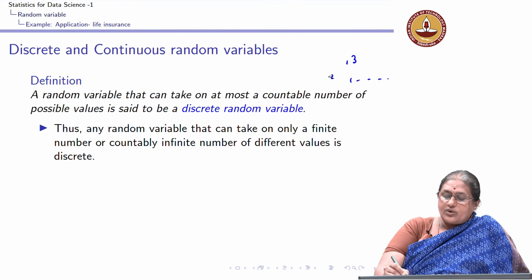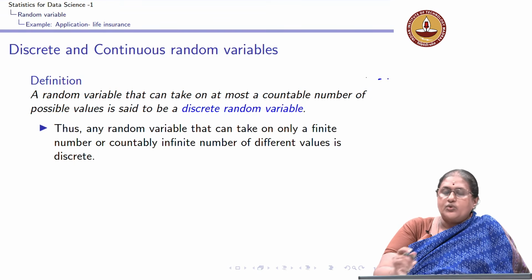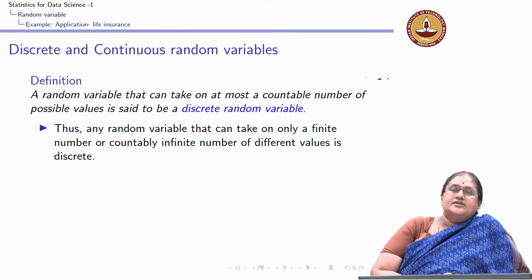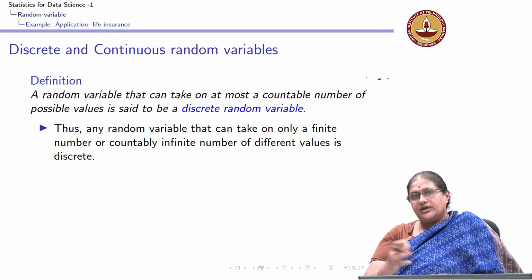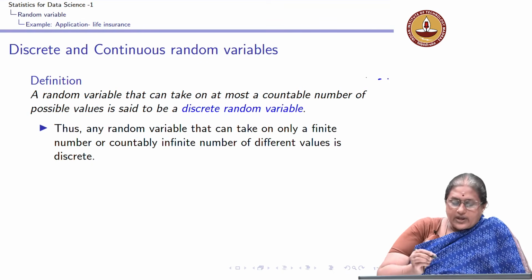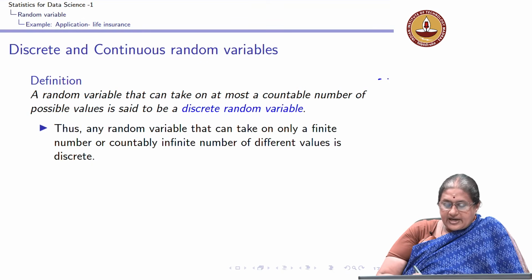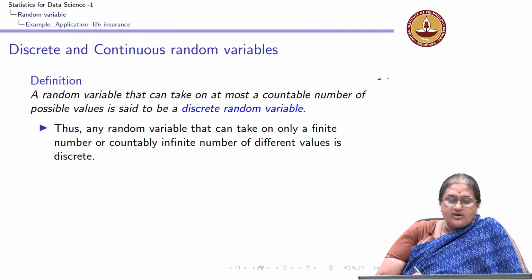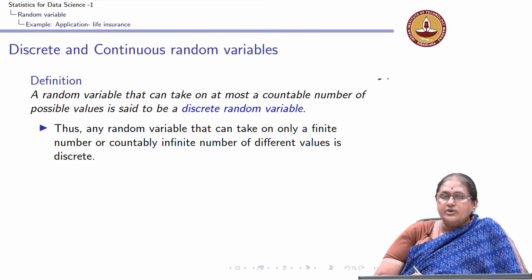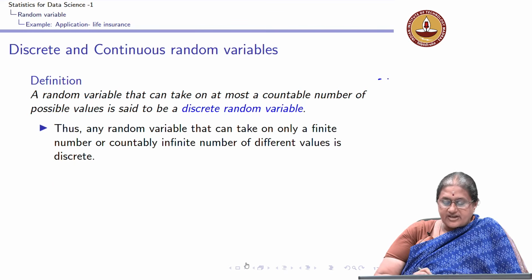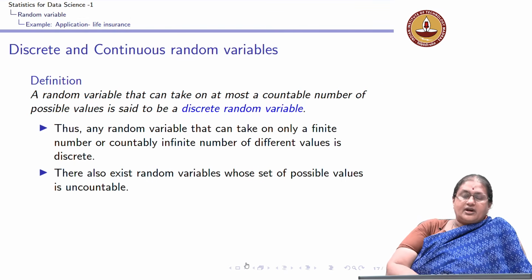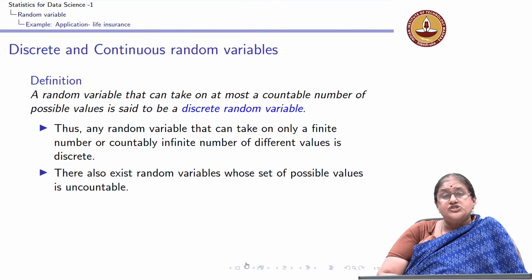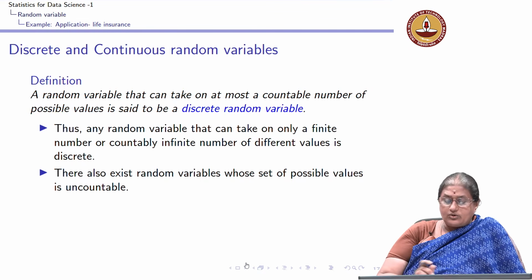countable. You have already learnt about what is countable sets or what are properties of countability in your mathematics courses, but what I want you to understand is a random variable which can take on a finite number or a countably infinite number is referred to as a discrete random variable. Now, there could be random variables whose set of values are uncountable.